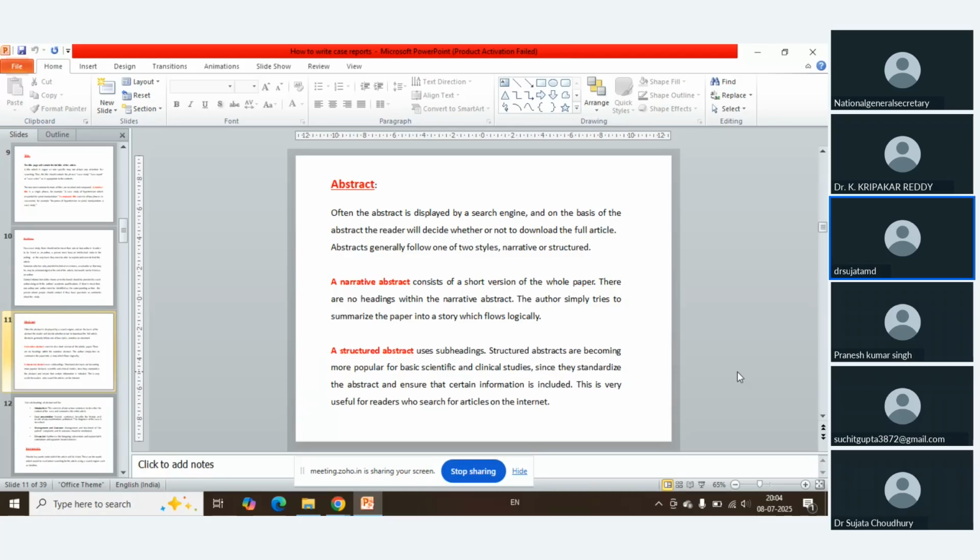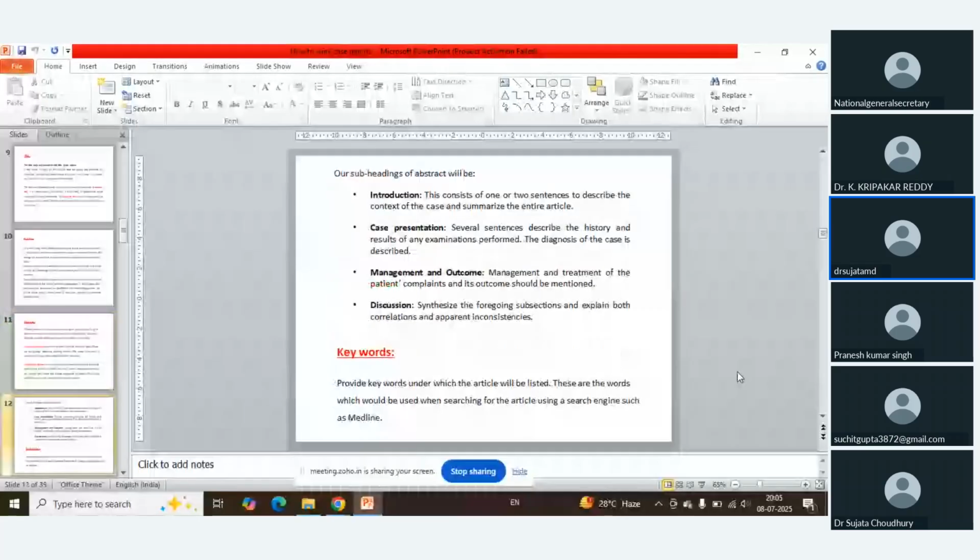In the structured form, there are subheadings like introduction, methodology, or conclusion. Structured abstracts are becoming more popular and more scientific for clinical studies or case studies, and they are validated and standardized. The subheadings are introduction, case presentation, management, and outcome and decision. Under these four headings, we can write our abstract of the article.